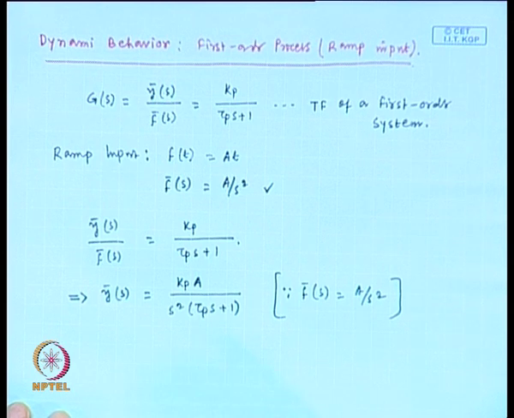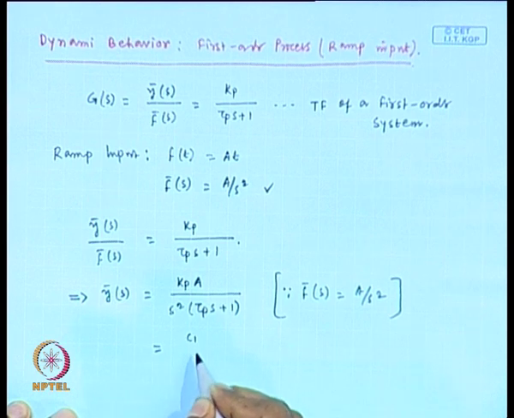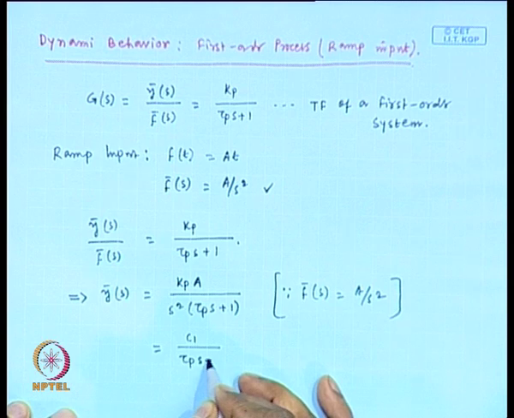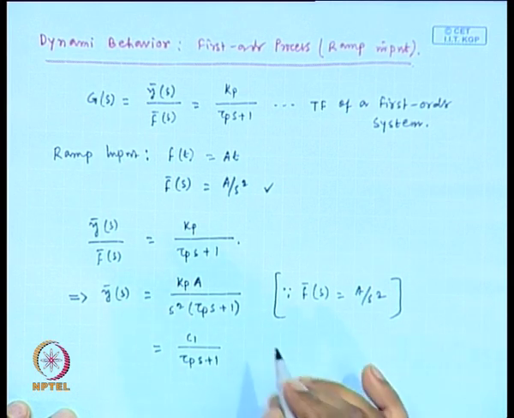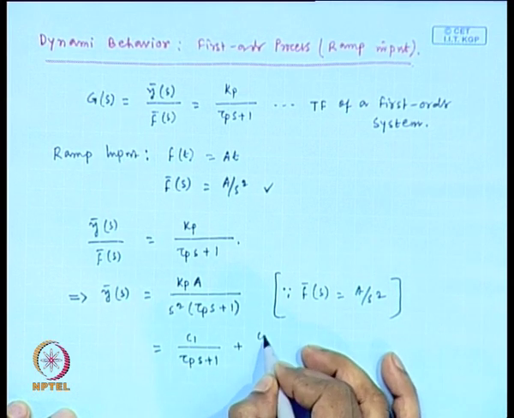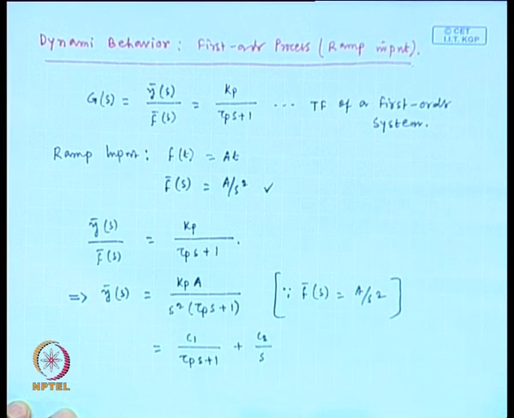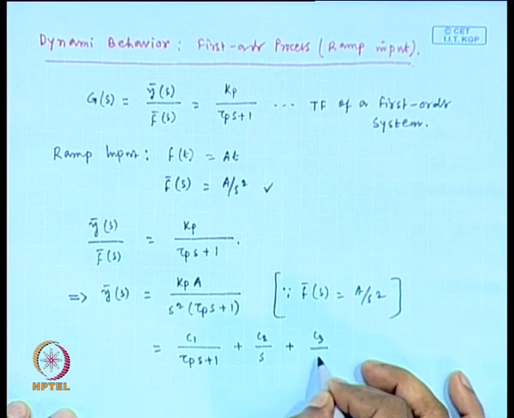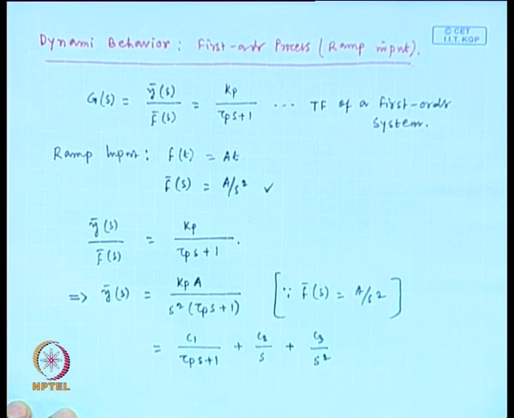Now, we will write this form in this way: C 1 divided by tau p s plus 1, plus C 2 divided by s, plus C 3 divided by s square.